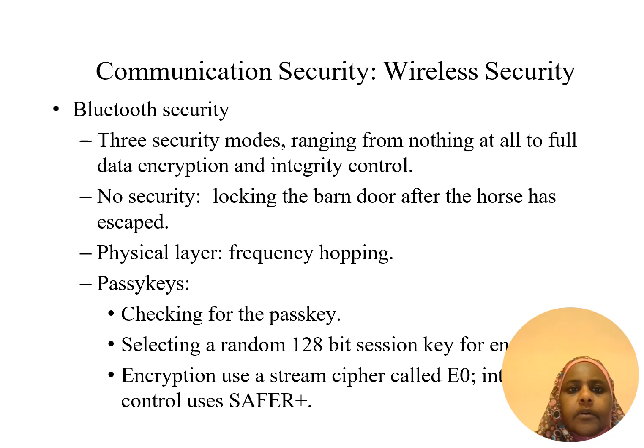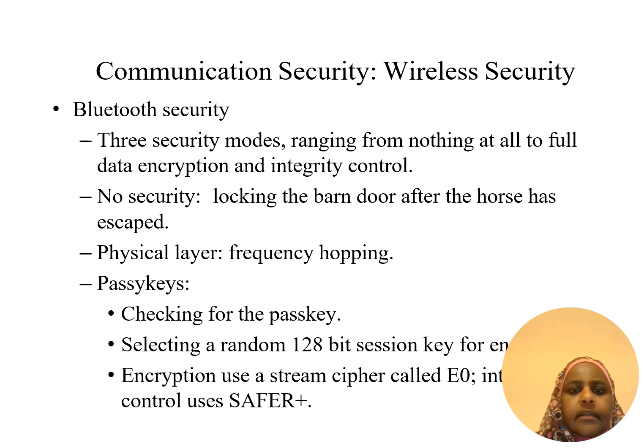Bluetooth security, on the other hand, has three modes, ranging from no security at all to full encryption and data integrity control. No security is like locking the barn door after the horse has escaped. That means implementing security after something happened is just like locking the barn door after the horse has escaped.